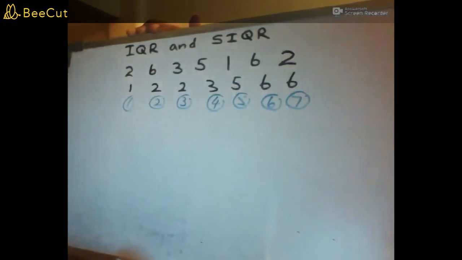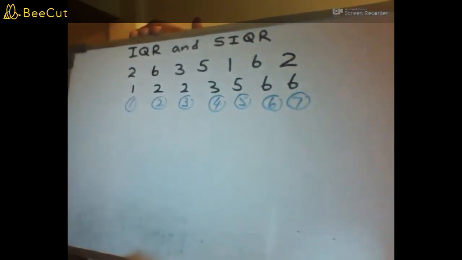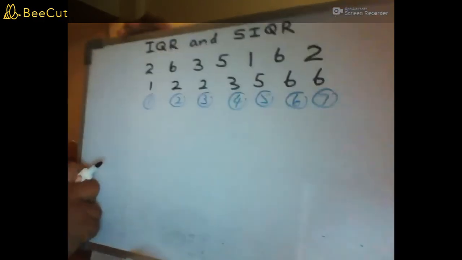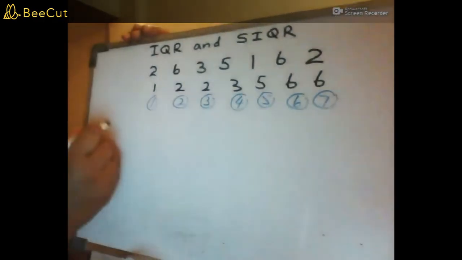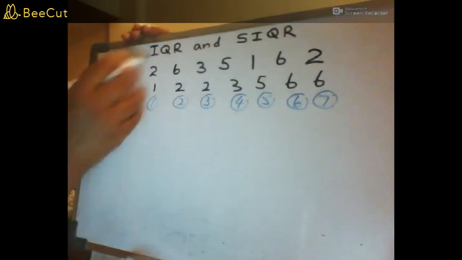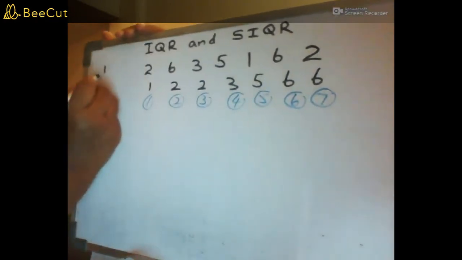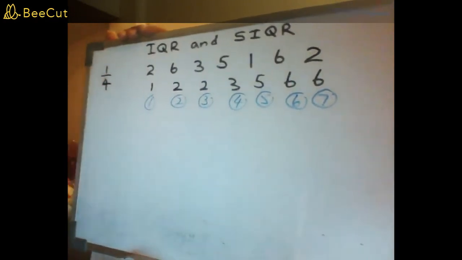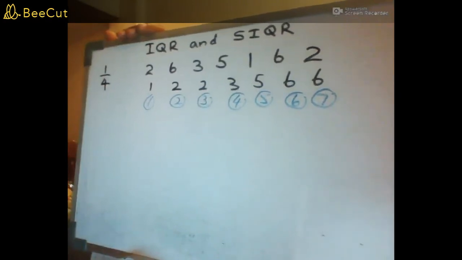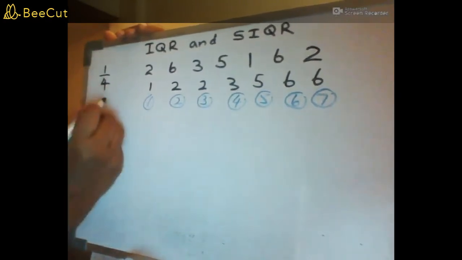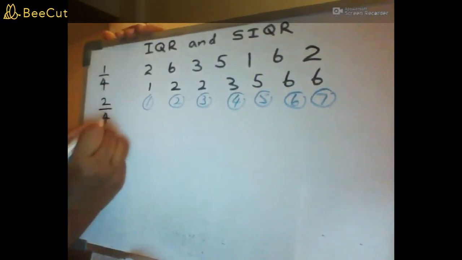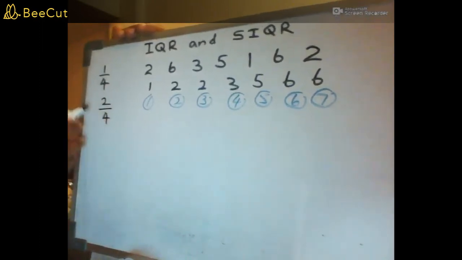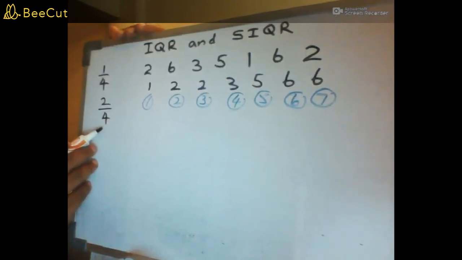Then you have to use the formula for individual and discrete data, the same formula. Now you know the quartiles. We are dealing with the quartiles. Here, this is a quarter, 1/4. Then if you have 2 quarters, 2/4.